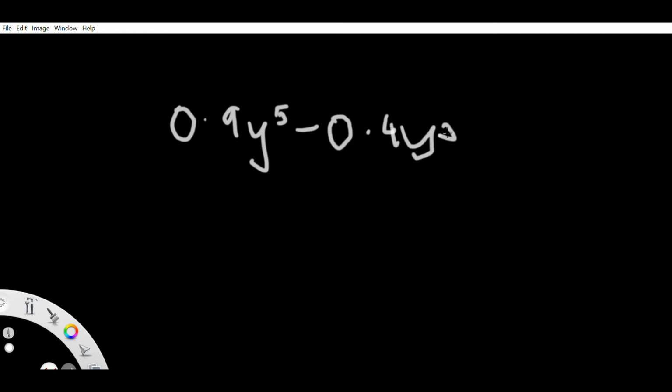So similar to the way that polynomials can be added, they can be subtracted, like this problem. So we have 0.9 y to the power of 5 minus 0.4 y to the power of 5 plus 0.5 x to the power of 5, and then at the end, y to the power of 5.